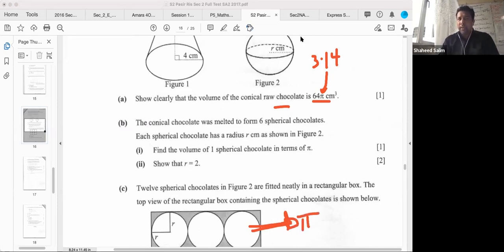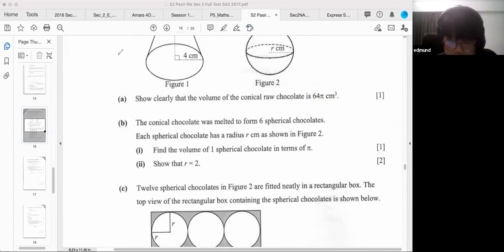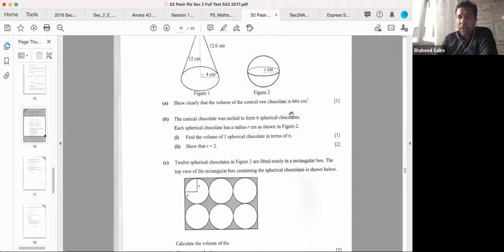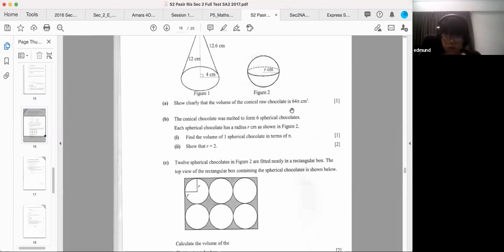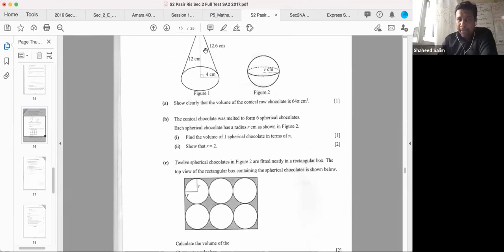Are you okay? You get it or not? You don't get it. Okay. Down here, just now you found out that the volume is 64 pi. This is for 6 spheres. If 12, that means it's 2 cones.